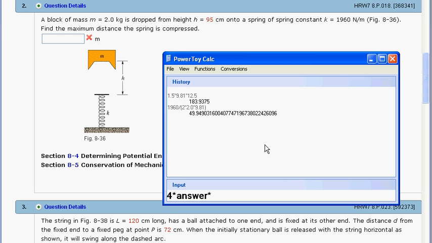Yes, so 0.95 meters, and this is 1 plus square root of that, all over 2 times A.